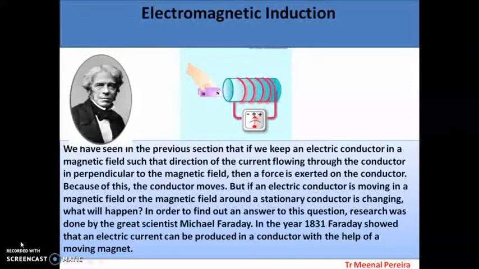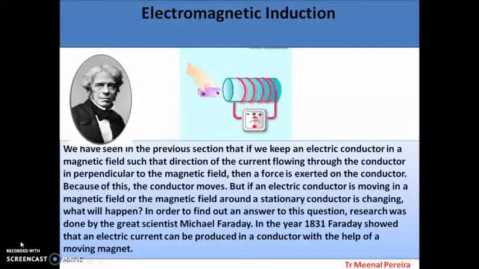There was a great scientist known as Michael Faraday who kept thinking: when electricity and magnetism have very similar properties, can these two phenomena have an effect on each other? So for that he carried out various experiments. Let's study about it.